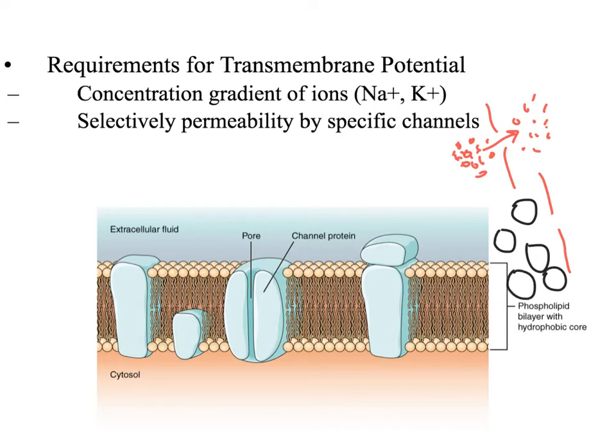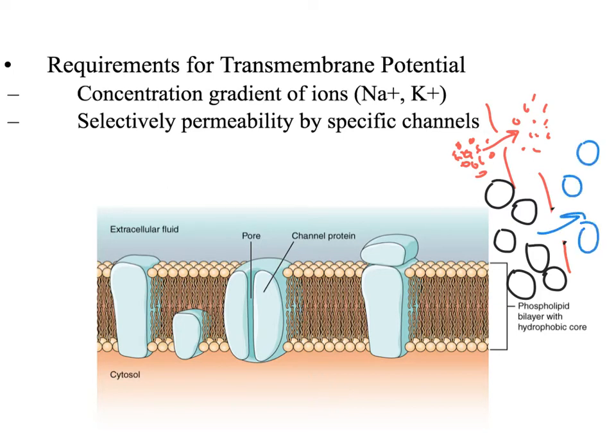So let's say that there is a gate that covers this and we've got a separation of charges. Now let's say there's some sort of signal that will make this gate open up, and so in other words this becomes open, then these ions are going to go ahead and diffuse until you have an equal concentration across.